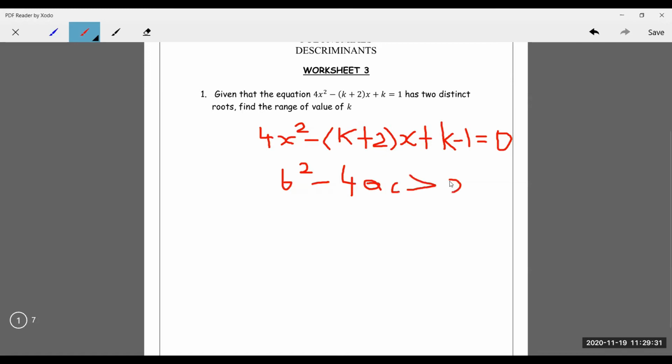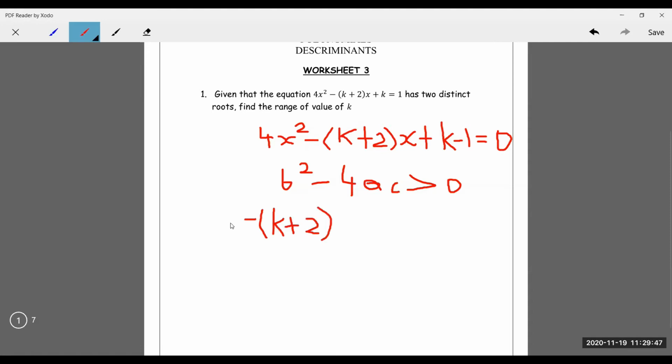All right? And so in this case, our b is minus (k plus 2), and we're going to square all of this.